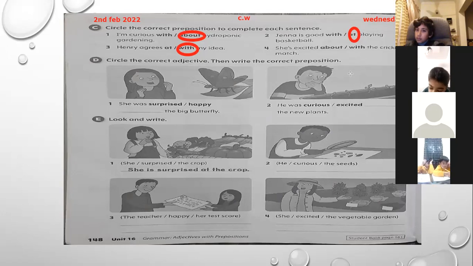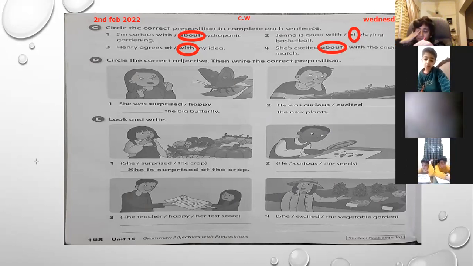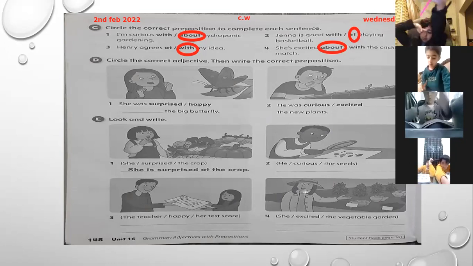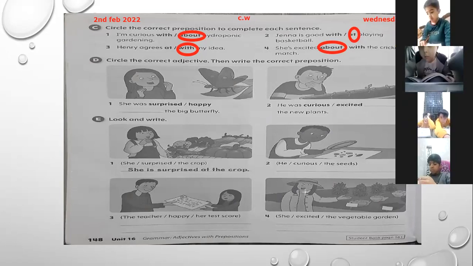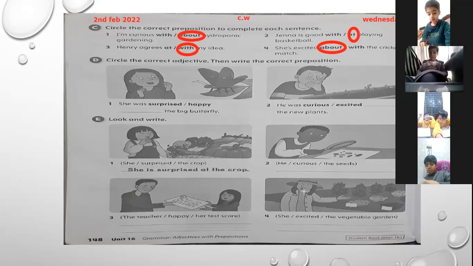She is excited about the cricket match. Okay. Have you done it correctly, all of you? Okay, let's do the D part. The D part is you have to use the correct prepositions and write the correct prepositions in the sentences.